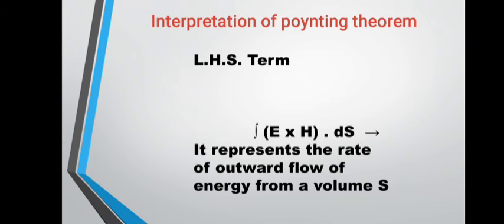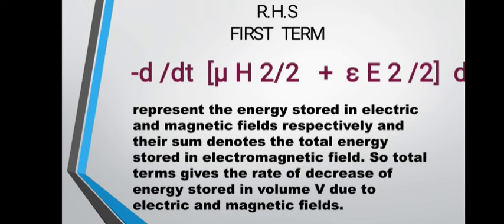The left hand side term, the integral of E cross H dot dS, represents the rate of outward flow of energy from the volume. On the right hand side, the first term, minus del by del t of the integral of (mu naught H square divided by 2 plus epsilon naught E square divided by 2) dV, represents the energy stored in the magnetic and electric fields respectively, and their sum denotes the total energy stored in the electromagnetic field.